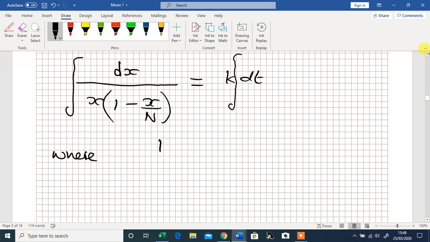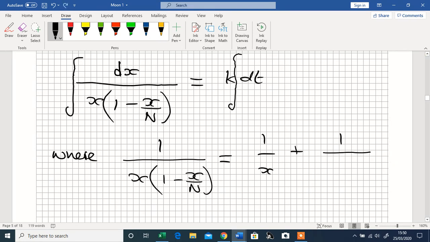I'm just going to specify what 1 over x times 1 minus x over n actually is in terms of partial fractions, and that comes out to be 1 over x plus 1 over n minus x. So that's what that is equal to.